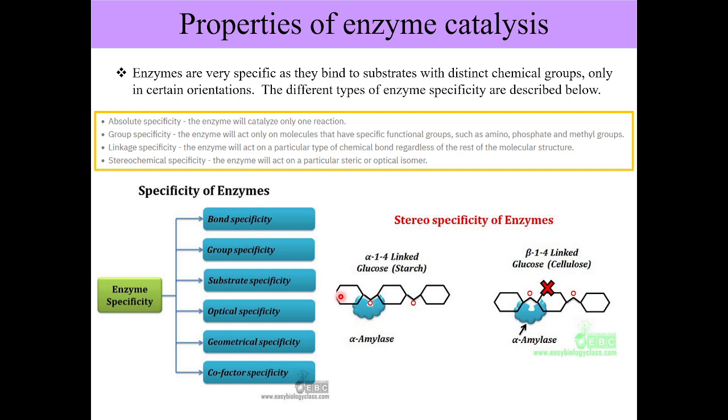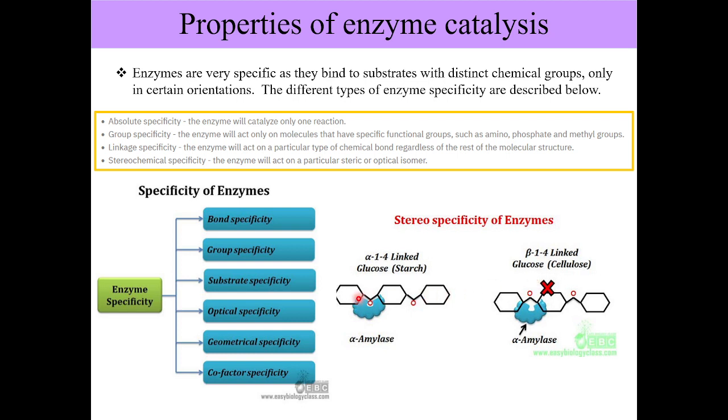Here you see amylose. Now alpha amylase is an enzyme that is going to bind to this alpha 1,4 linkage of glucose molecules, but it is not going to bind to this beta 1,4 linkage which is seen in cellulose, of the same glucose molecules.